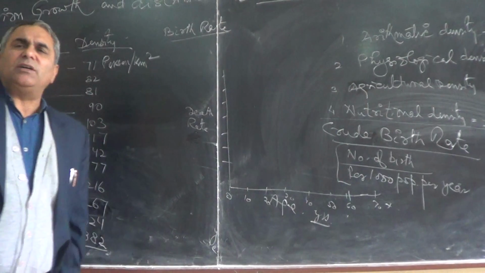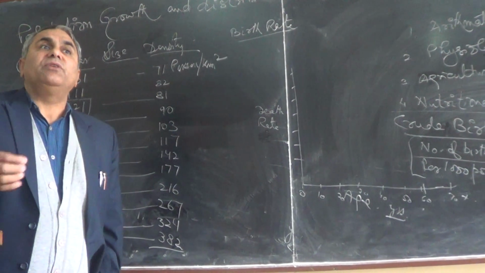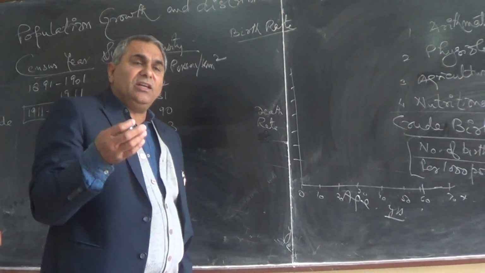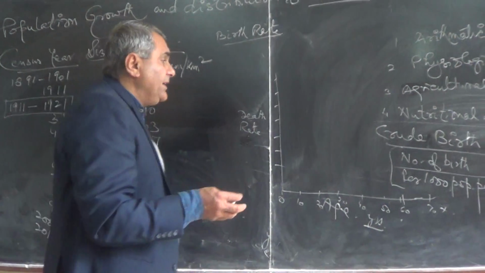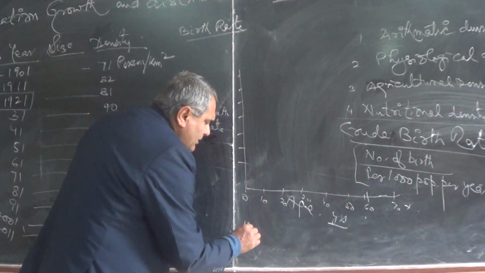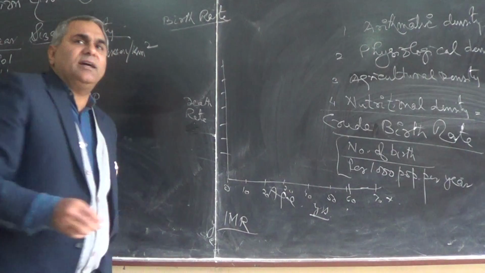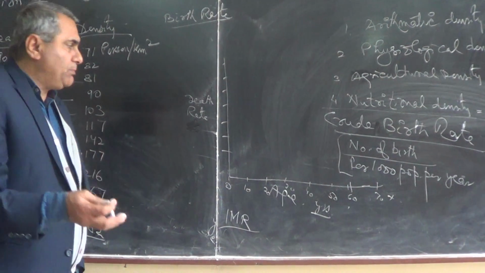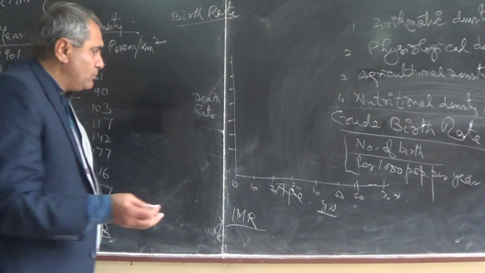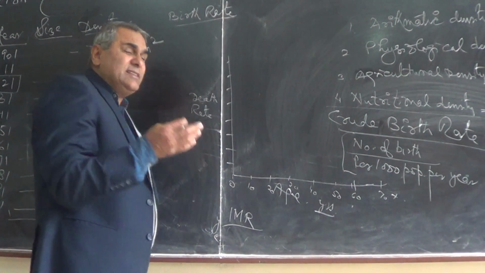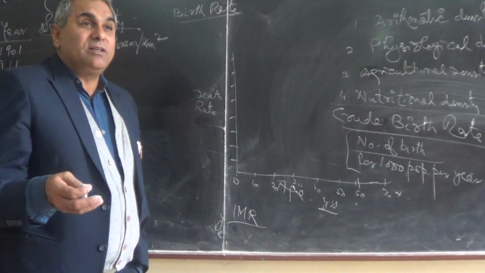Immediately after birth, chances of death are very high. That's why the infant mortality rate, IMR, in India is very high at the time of birth, because newly born children have the least resistance to adversaries.